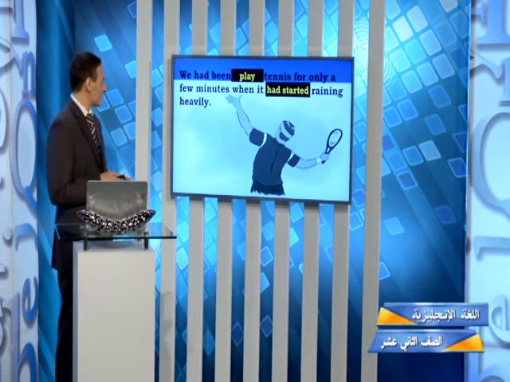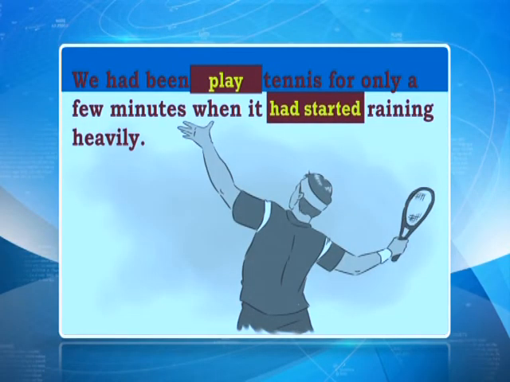The sentence reads, "We had been playing tennis for only a few minutes when it had started raining heavily." We have two actions, and both happened in the past, but one came before the other, and for the first one, the stress is on the duration. Okay? Notice we use for only a few minutes.